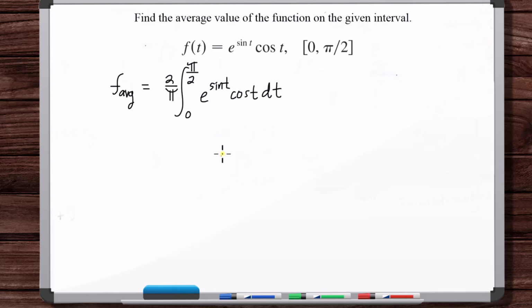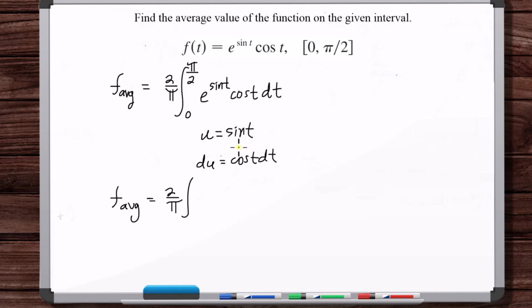Okay, so we can say that u is equal to sine of t, therefore du is equal to cosine t dt. So f average is equal to 2 over pi.